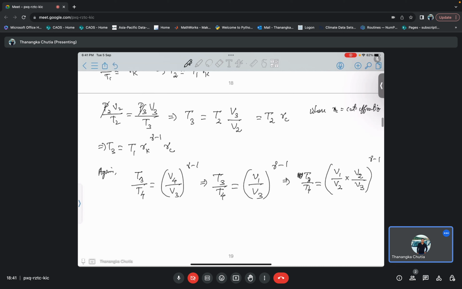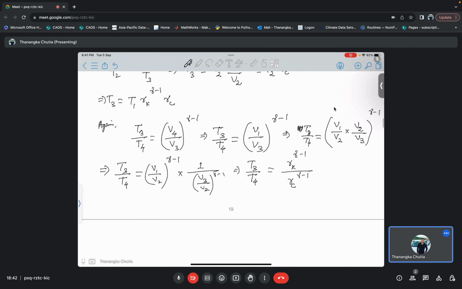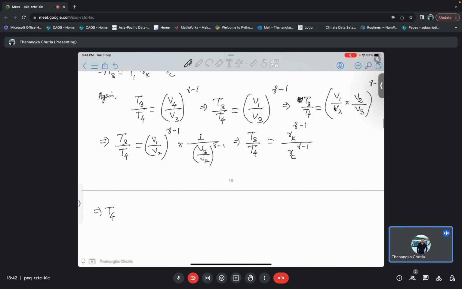So T3 divided by T4 is nothing but V1 by V2 to the power gamma minus 1 into 1 divided by V3 by V2 to the power gamma minus 1. That means T3 divided by T4 is Rk to the power gamma minus 1 divided by Rc to the power gamma minus 1.